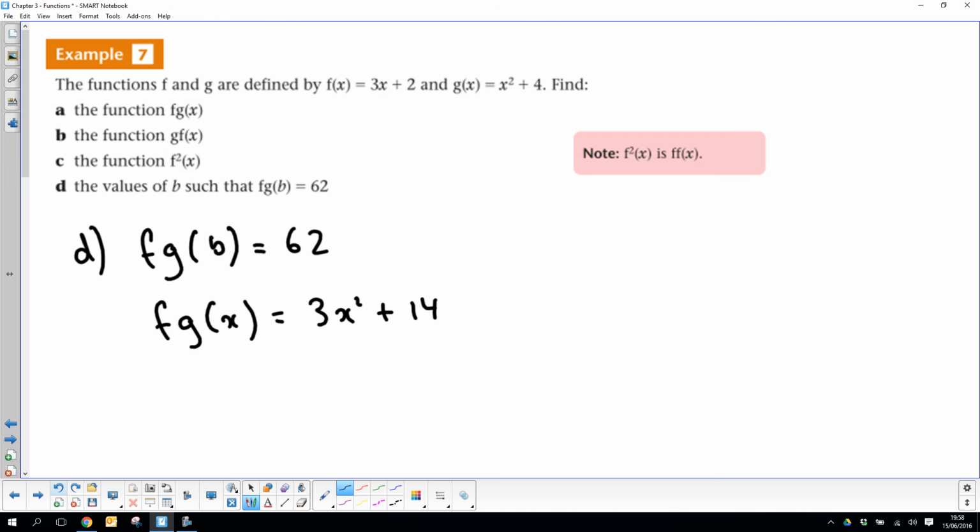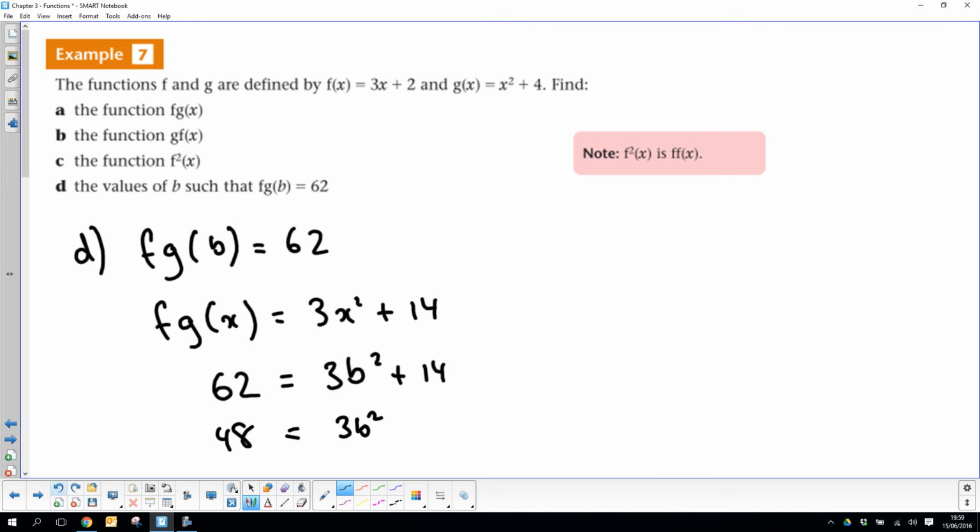So for fg of b, we want to put b in instead of x, and they're saying that fg of b equals 62. So now we're set up with a quadratic equation which we can solve. We're going to minus 14 from both sides, giving us 3b squared on this side, and that's going to equal 48.